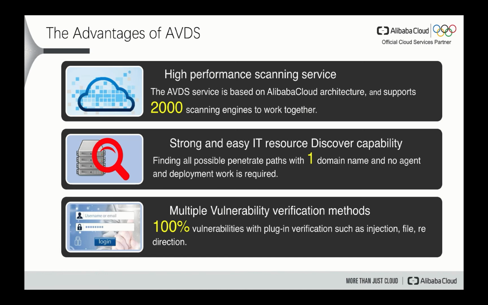And it's very easy because you only need to provide one domain name, that's all. And the service can use the domain name and the given privilege to go into the server itself and begin to detect all the possible backend assets and try to find any vulnerabilities internally.